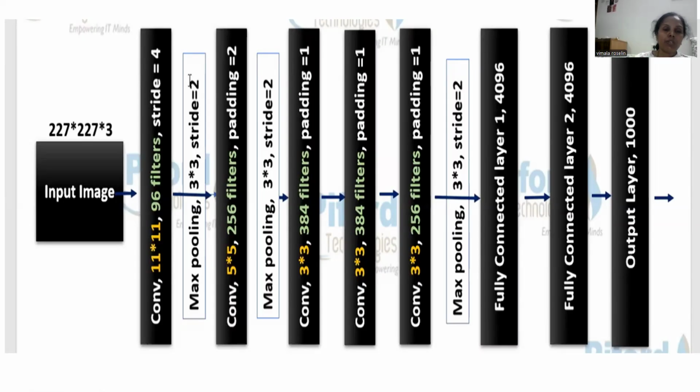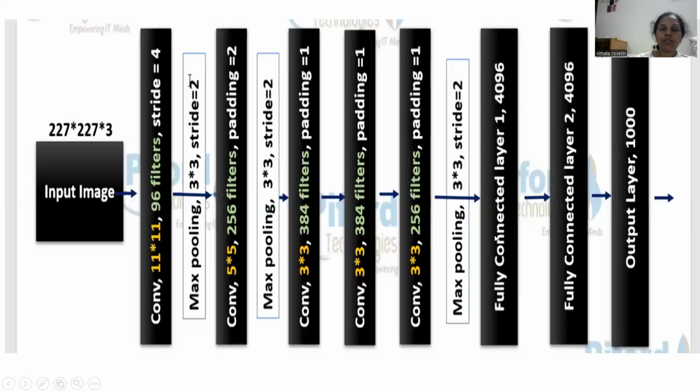In between the convolutional layers, max pooling layers are there. Each pooling layer is 3 x 3 with a stride of 2. After the fifth convolutional layer, another max pooling layer comes, 3 x 3 with stride 2. After that, the image goes to the fully connected layers.